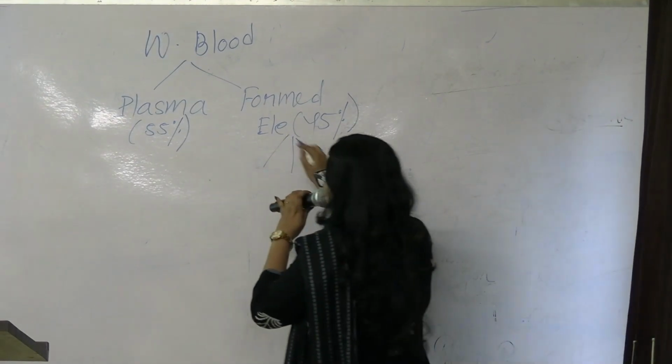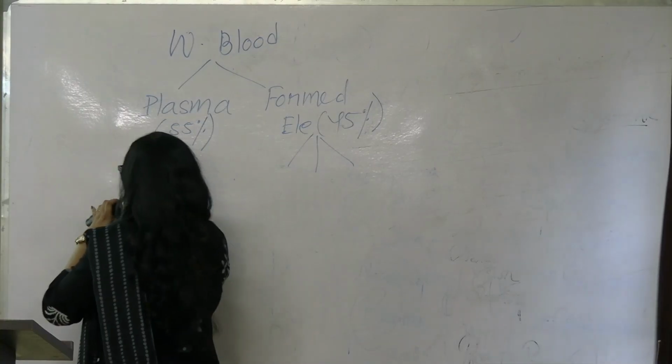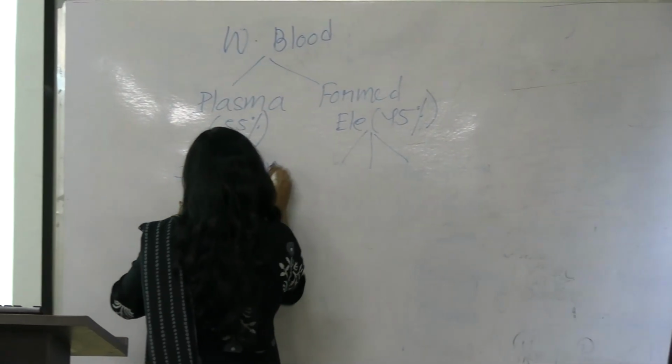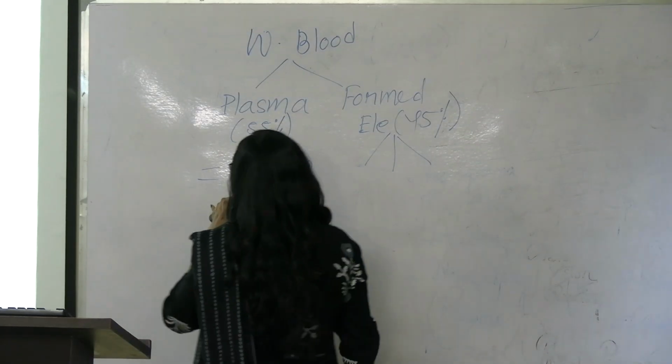Now, formed elements are WBC, RBC and platelets. So, what is plasma? Plasma is basically serum with clotting factors.